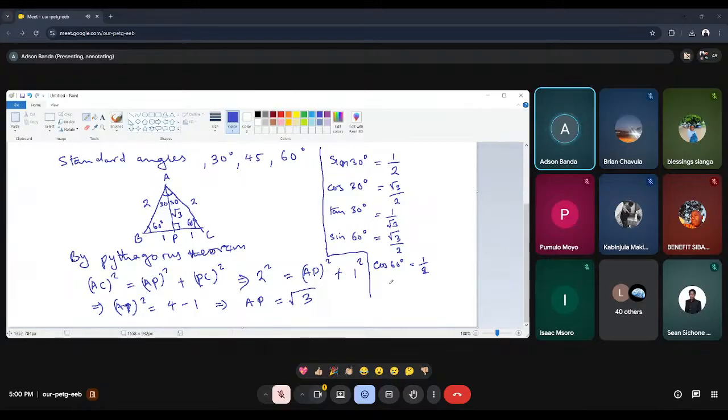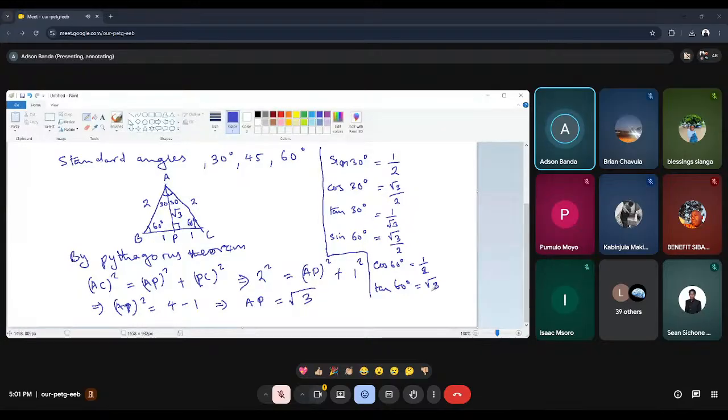And then the tangent of 60 degrees will be equal to, again, any of those triangles. If you look at it, it is opposite over adjacent, which is just root 3 over 1, which will just be root 3.